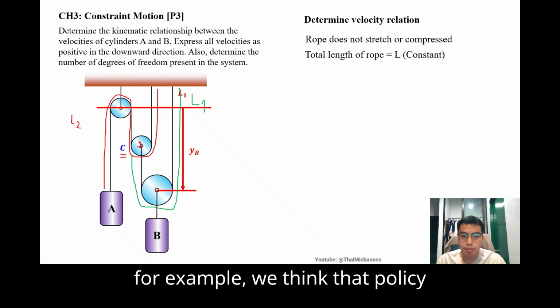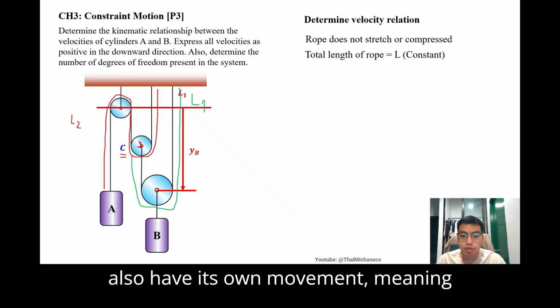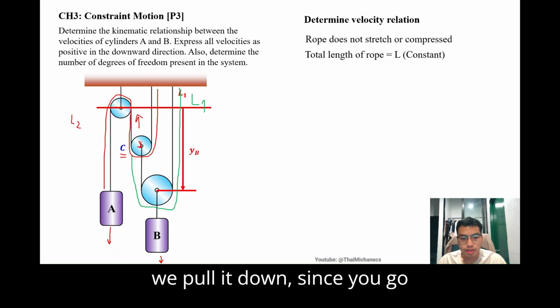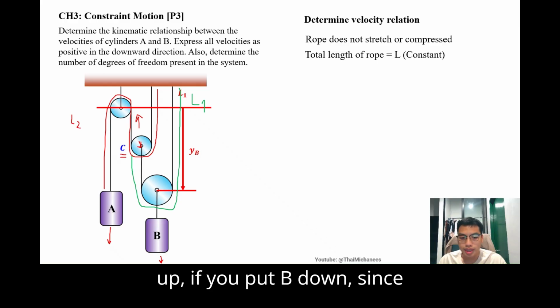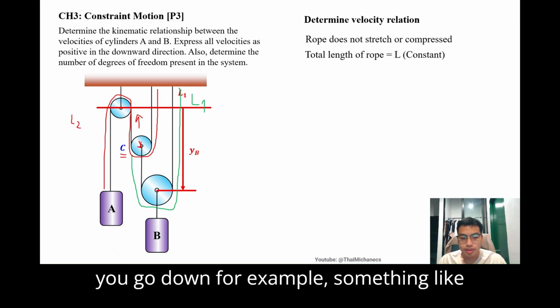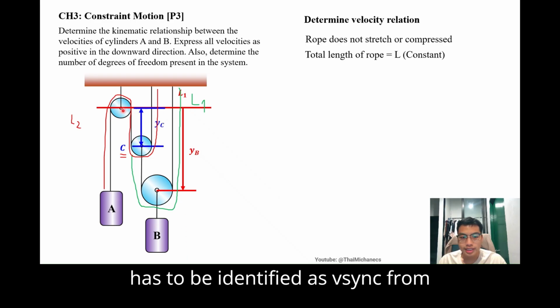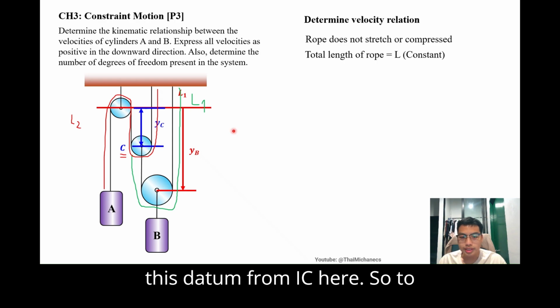We think that pulley C also has its own movement, meaning that if we pull A down or B down, this pulley C should move. If we pull A down, C should go up. If we pull B down, C should go down, for example. So that means C has to be identified as YC from this datum, YC here.